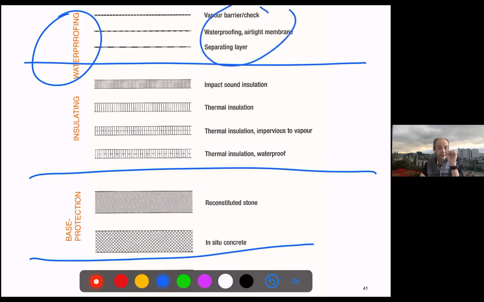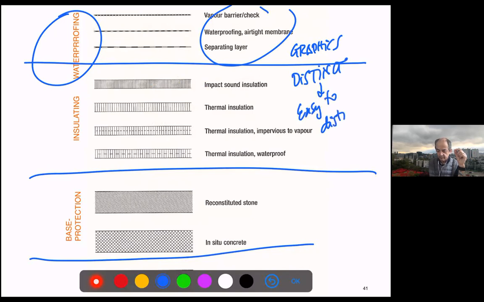This is very much the Swiss precision, but you should try to have your graphics be very, very distinct, so they are easy to distinguish. I find them very similar, and it's not always easy to see the difference.